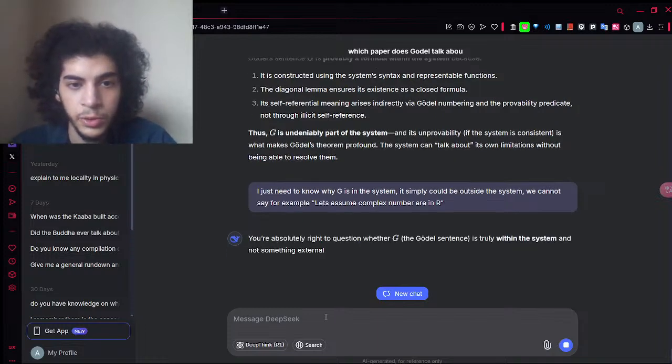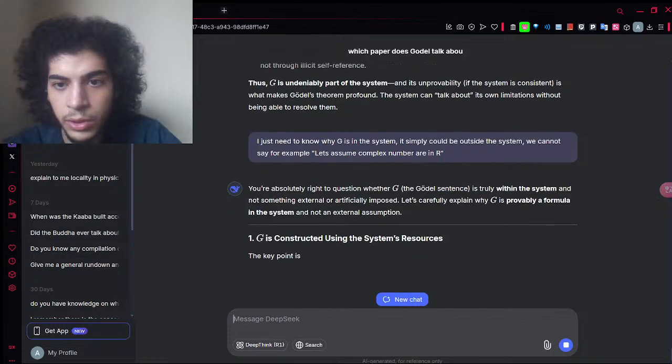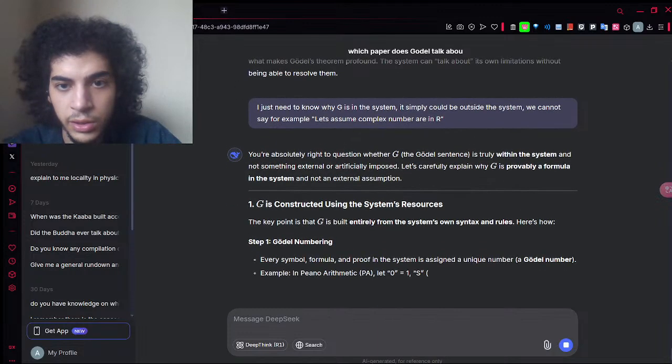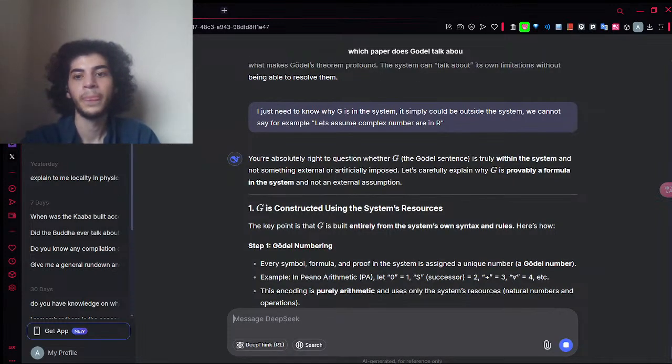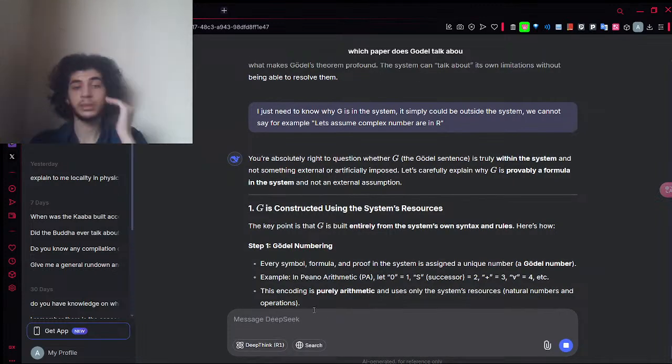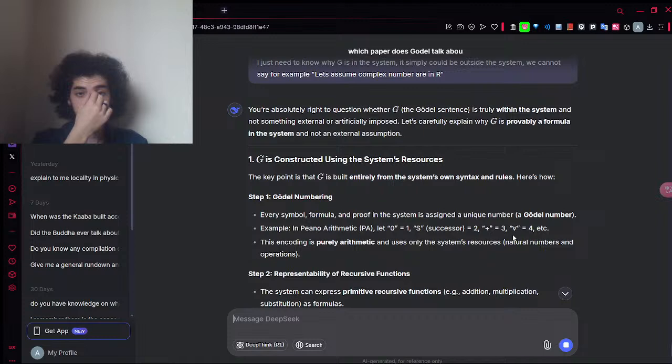You're absolutely right to question whether G is truly within the system and not some external assumption. To be careful, let me explain why G is a formula in the system and not an external assumption. G is constructed using the system's resources. The key point is that G is built entirely from the system's own syntax and rules.